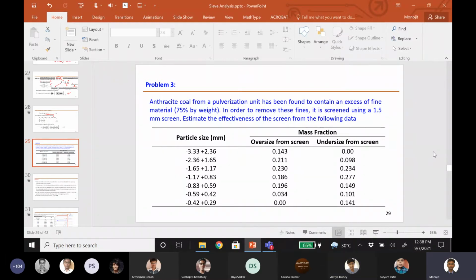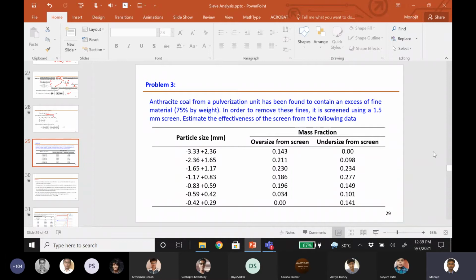Now, if you know the feed composition, if you know exactly how much particle is there in the feed, suppose I'm giving you a 5 kg mixture where you know that out of 5 kg, 3 kg are plus 1.5. Fine. And now you use this screen to find out the efficiency.